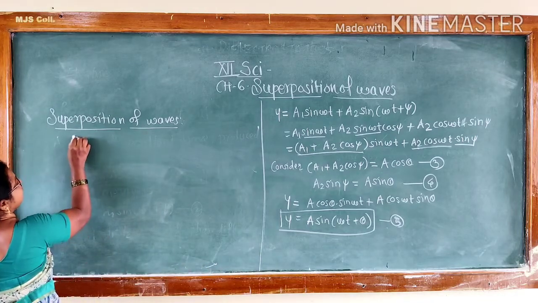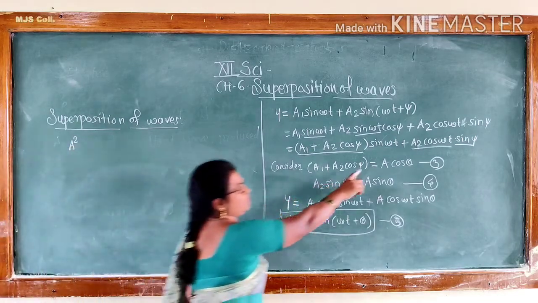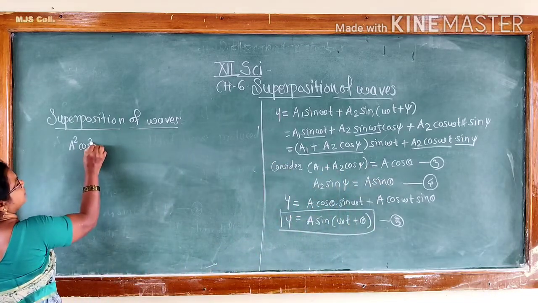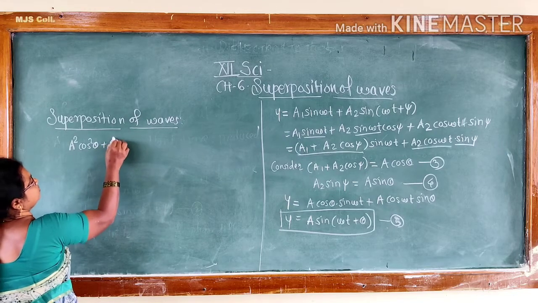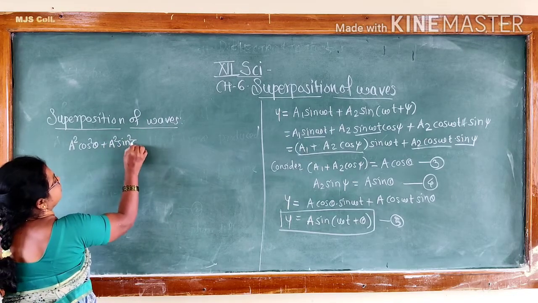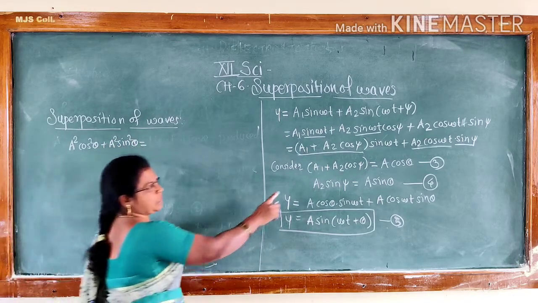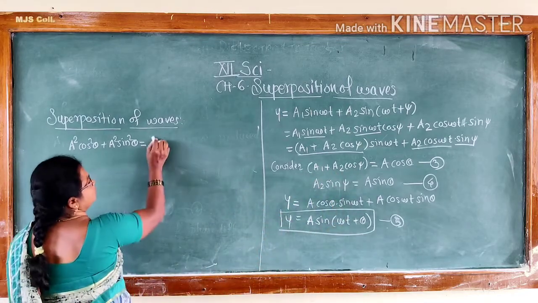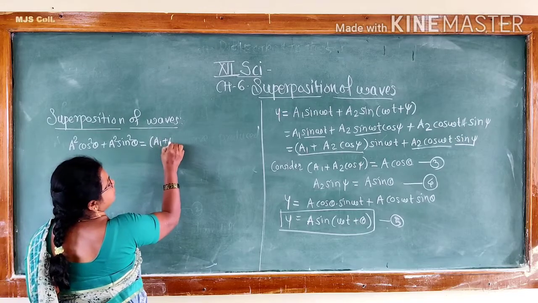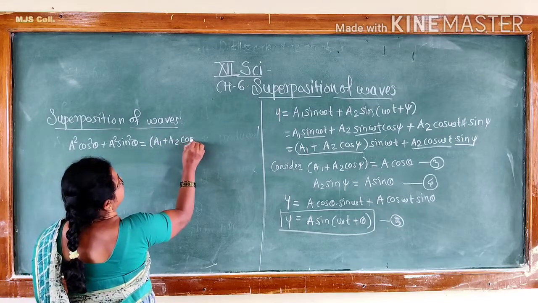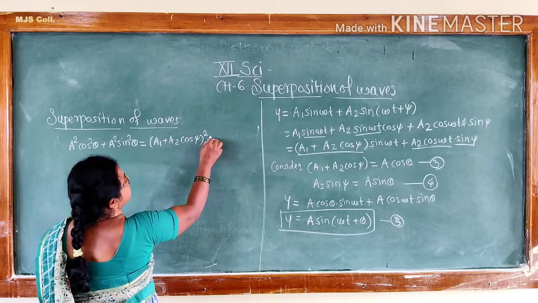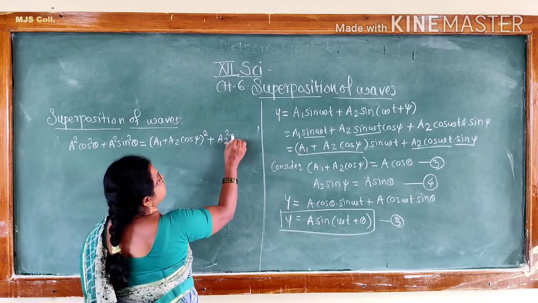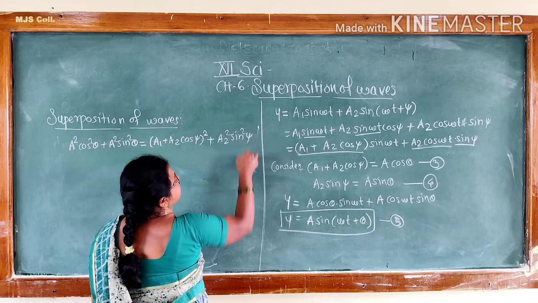We will get A square cos square theta plus A square sin square theta, which is equal to the square of this plus the square of this. Therefore, it is equal to (A1 plus A2 cos psi) whole square plus A2 square sin square psi.